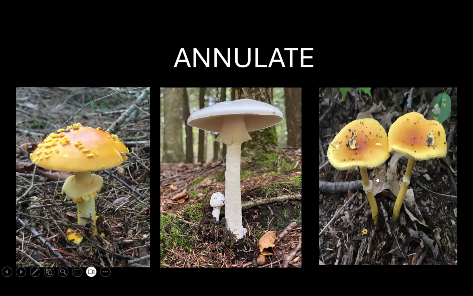And so in that case, when mushrooms have an annulus, we call them annulate, and you can see the strong annuluses on the first two specimens. But the one on the far right is in Amanita section Ceciliae, and you can see how weak the annulus is in comparison to the destroying angel.